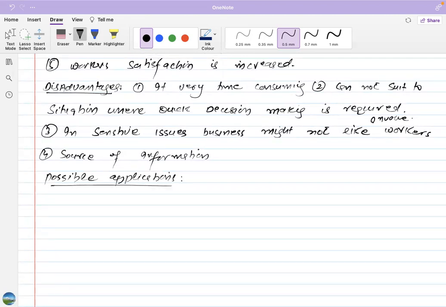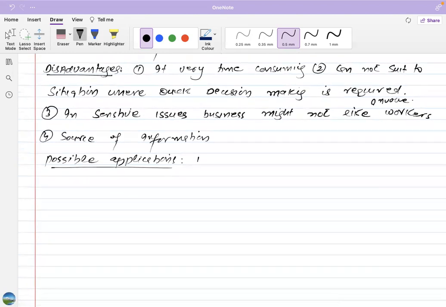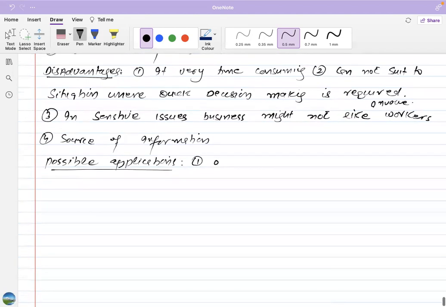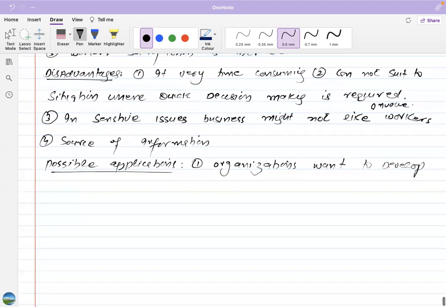First of all, where workers are expected to contribute to the business, or situations where an organization wants to develop workers. In such situations, this style of leadership is very suitable.